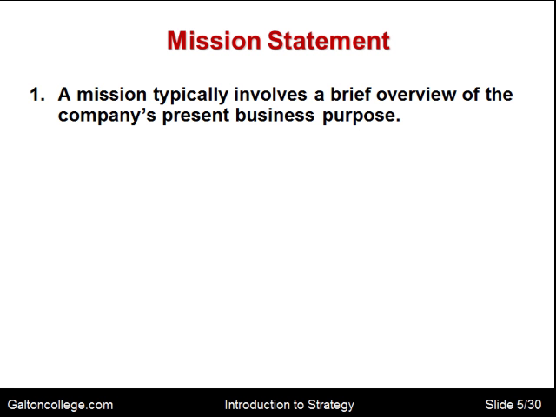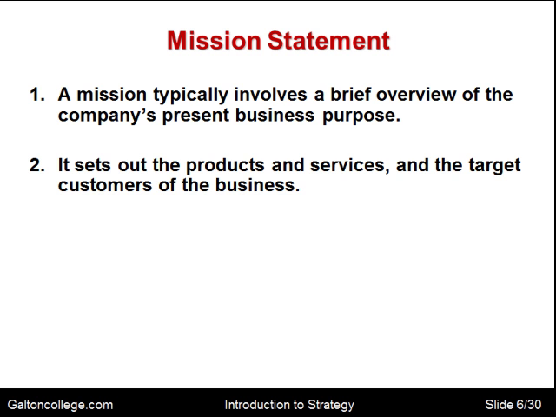A mission statement typically involves a brief overview of the company's present business purpose. So it's a brief overview of what the company is doing at the moment, essentially what the business is. It sets out the products and services and the target customers of the business.